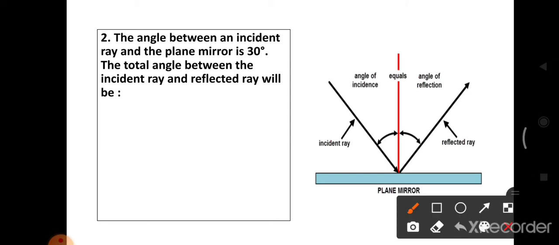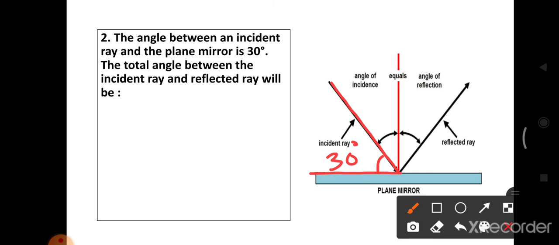The angle between an incident ray, this is an incident ray, and the plane mirror, this is a plane mirror, is 30. Okay, I will draw neatly. This angle is 30 degree.